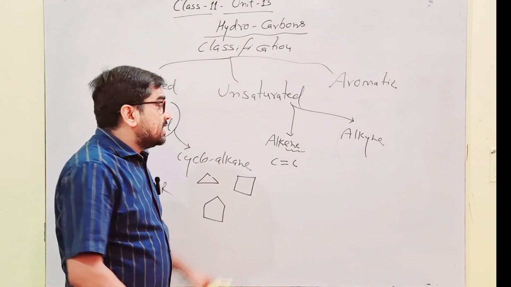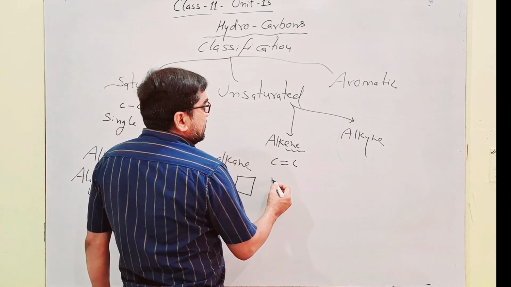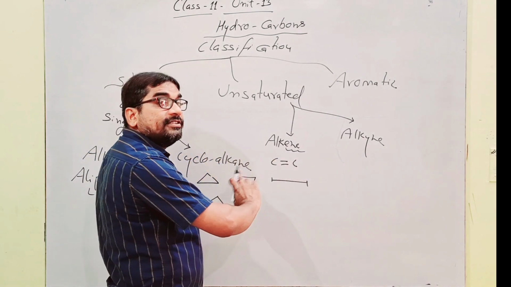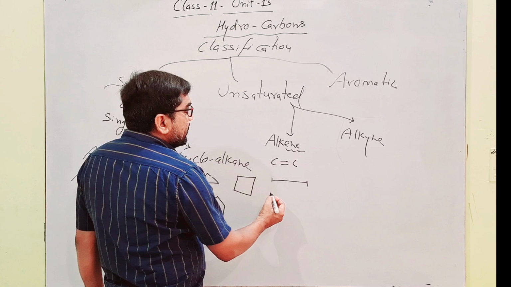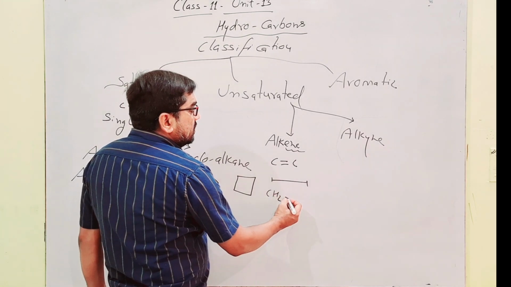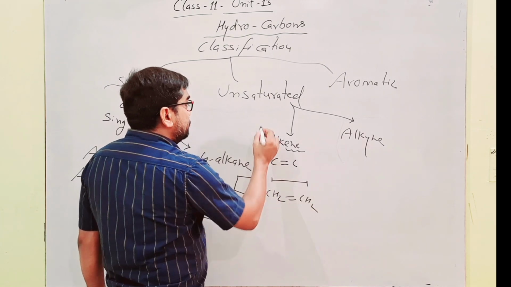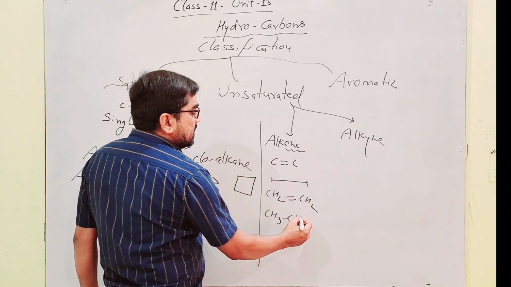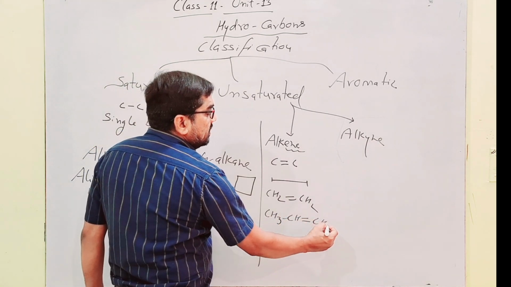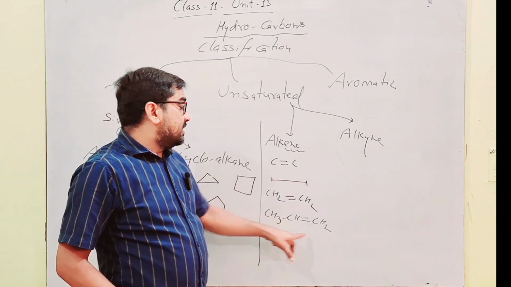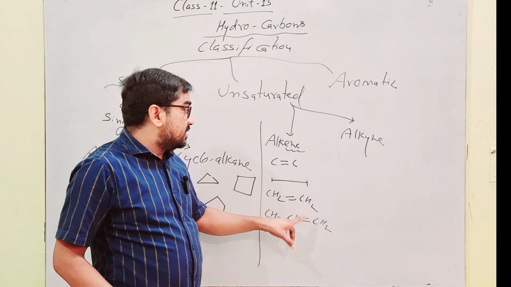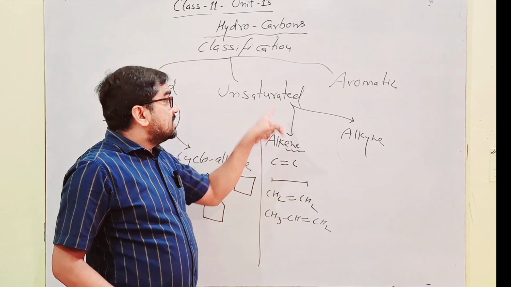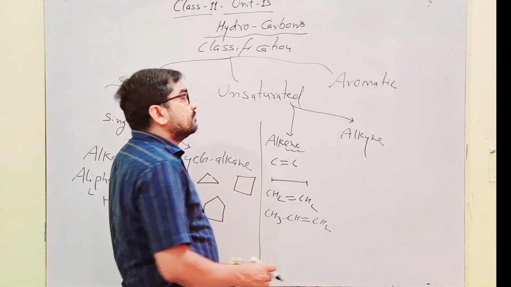In open chain structure, that is aliphatic, both the ends are free, like CH2=CH2, like CH3CH=CH2. One double bond is present, so alkene, unsaturated hydrocarbon.